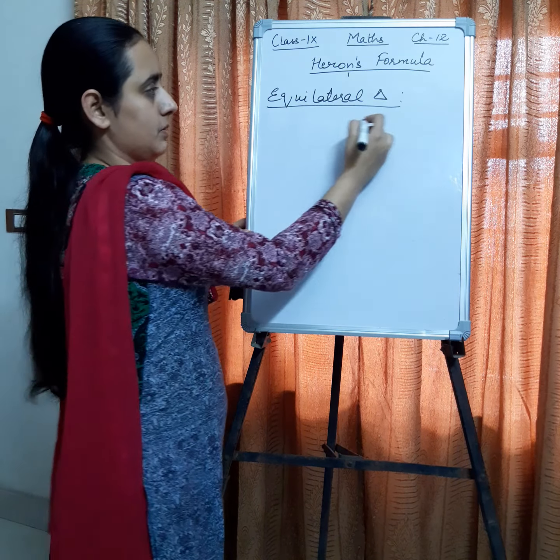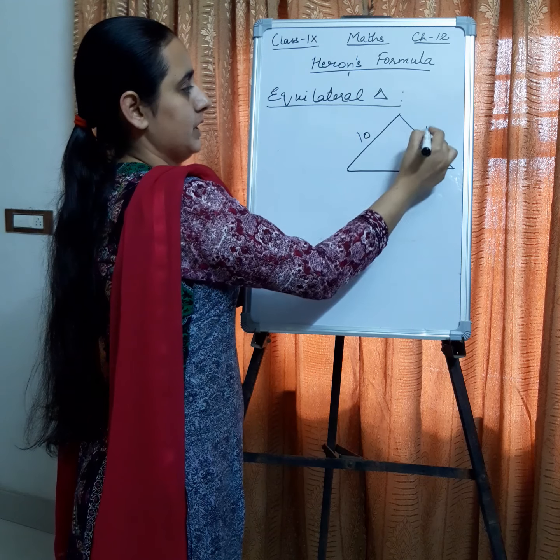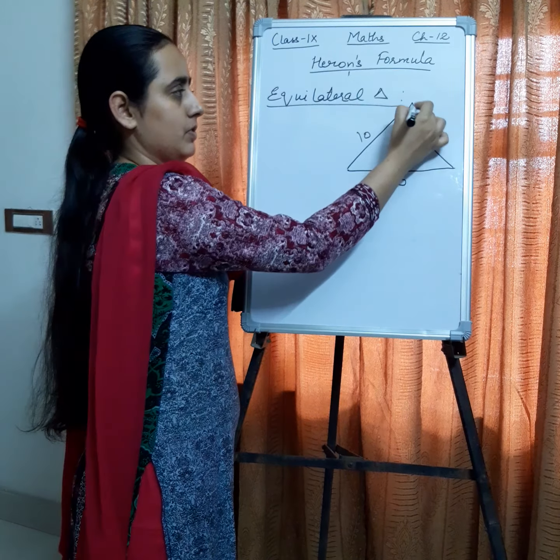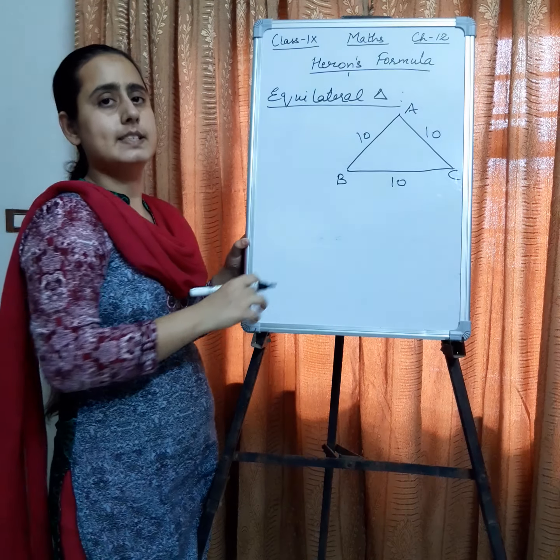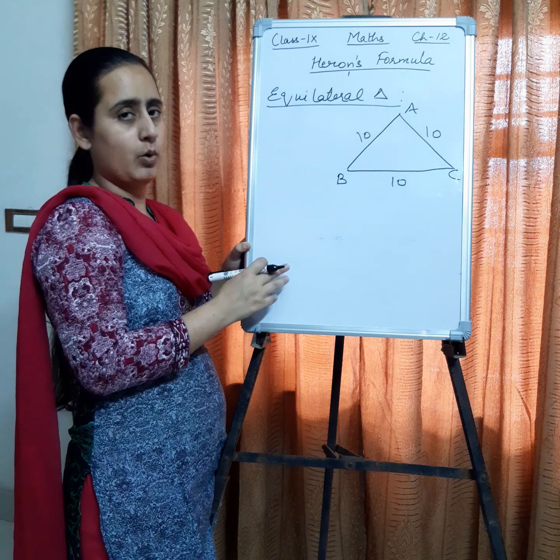Suppose we take the triangle as this. Let's say all sides are equal to 10 centimeter, 10 centimeter and 10 centimeter. Suppose we give them the names A, B and C. Now if I want to find out the area of the triangle, how will I be able to find it?